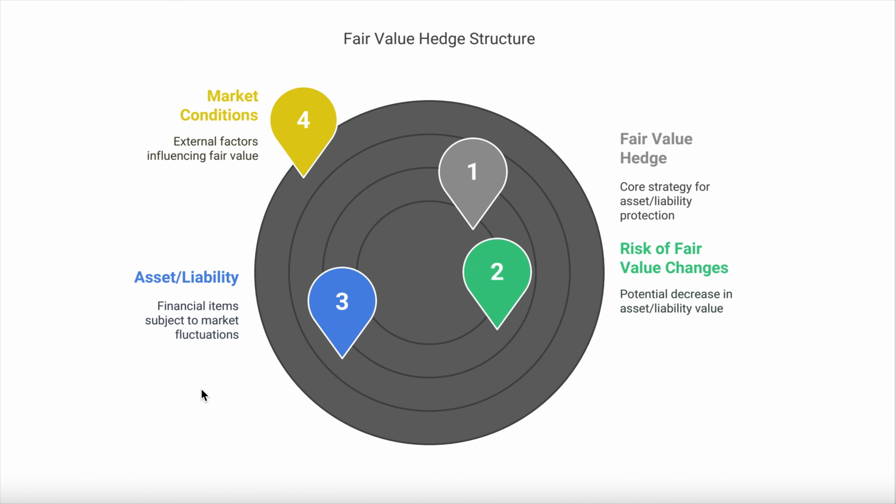So, as you can see in here, fair value hedge structure. So the first one is a fair value hedge, core strategy of asset liability protection.